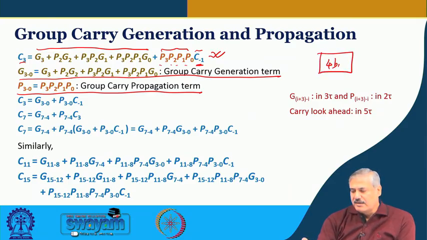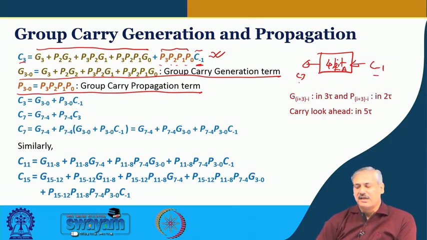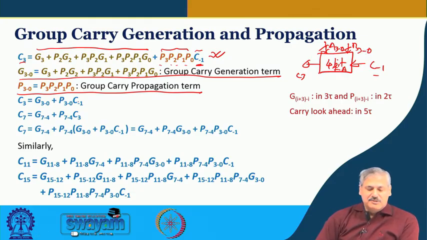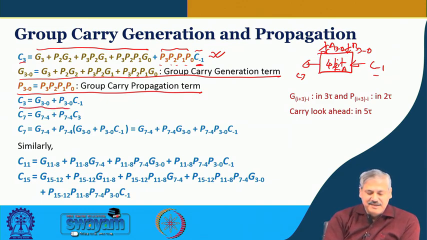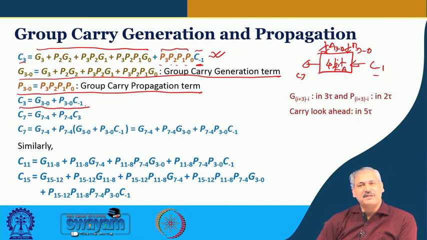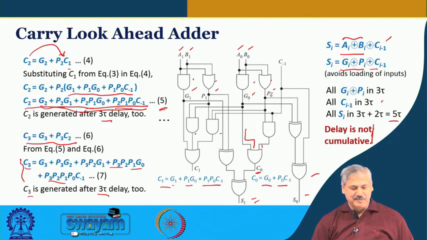So, this is a 4-bit fast adder. This is your C3 and this is C minus 1 and this is C3. And these were your A3 to 0 and this is your B3 to 0. So, what can you write now that we have defined them? C3 is equal to G3 to 0 plus P3 to 0 times C minus 1. It is similar to the equation that we had seen before, if you remember.